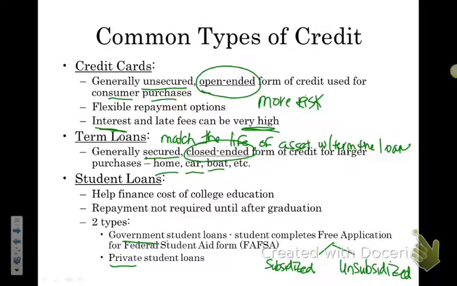With subsidized student loans, the federal government subsidizes the interest portion of the loan while you're still in school. Okay? They also typically have a lower interest rate. What happens with the subsidized loan?